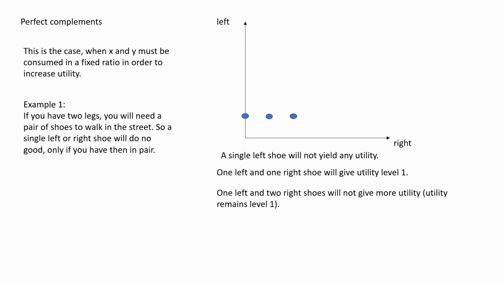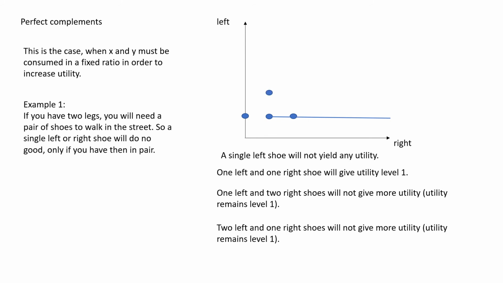If you buy another right shoe, it will still give you the same utility level of 1 because one of the shoes will be superfluous. So if you keep the left shoes quantity at 1, then even if you increase the number of right shoes to infinity, you will still get the same utility. And this is represented by the straight indifference curve.